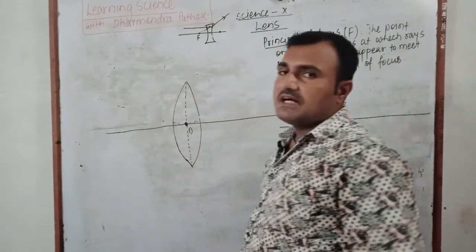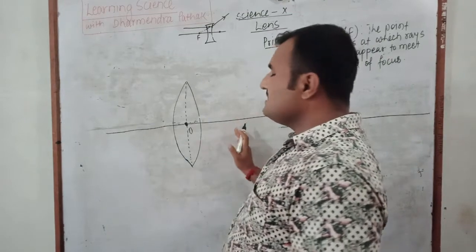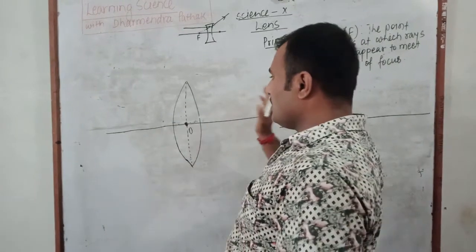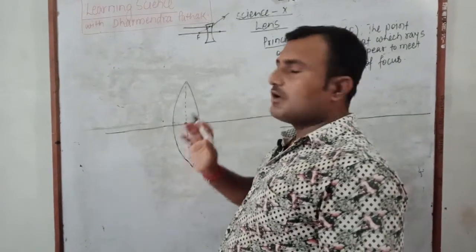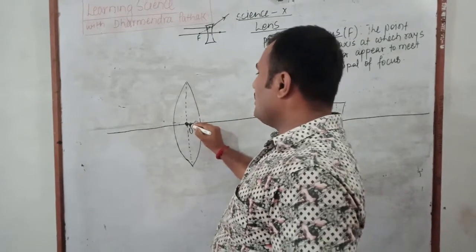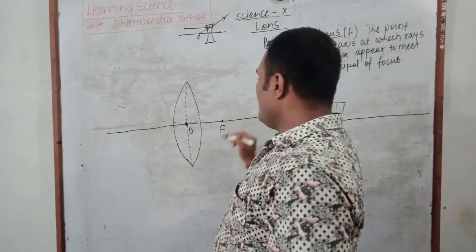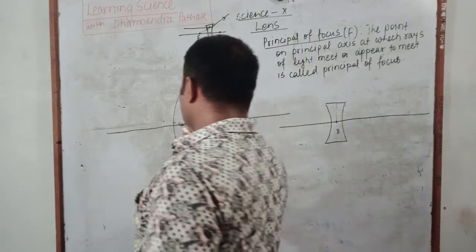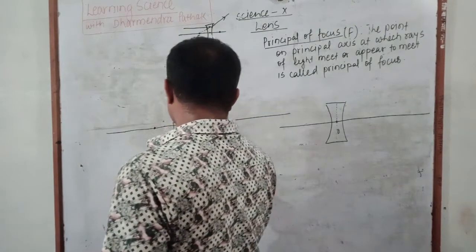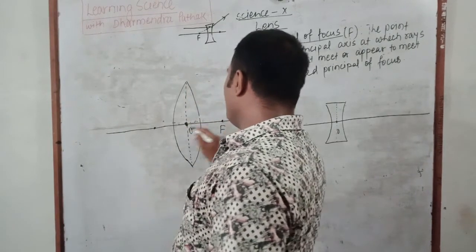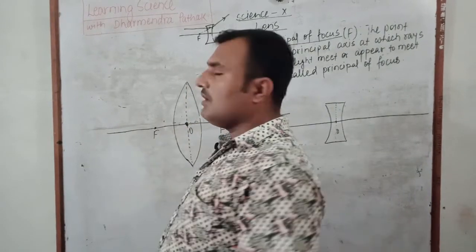Now we measure a certain length, 2 cm, 3 cm or 4 cm according to the size of the copy, on both sides, which is called principal focus. Here also, the distance between O and F should be equal on both sides.